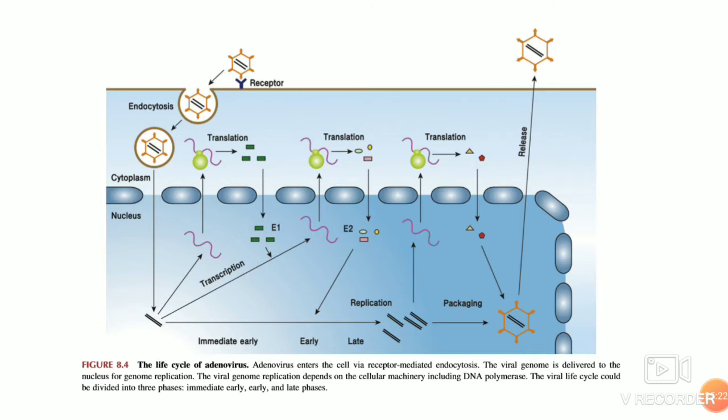Once more DNA replication happens in the late phase, with capsid proteins being synthesized in parallel, the capsid proteins are taken into the nucleus and packaged as fresh virions, and then, with the help of the adenovirus lysis protein, these viruses are lysed out of the cells. So this is one life cycle of adenovirus.